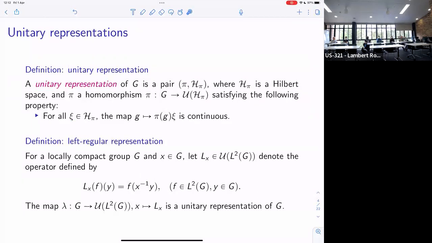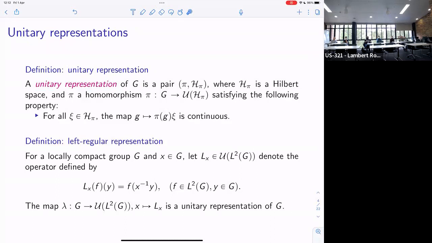Now, I'm interested in the unitary representation theory of locally compact groups. So a unitary representation of a topological group G is a pair where we have a homomorphism pi and a Hilbert space H pi, and pi is a homomorphism of our group into the group of unitary operators on our Hilbert space H pi.